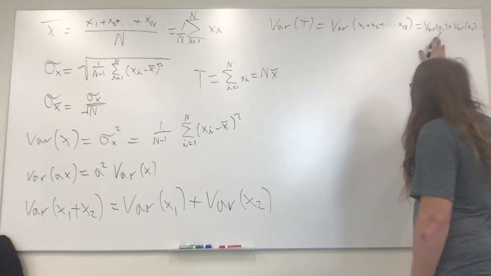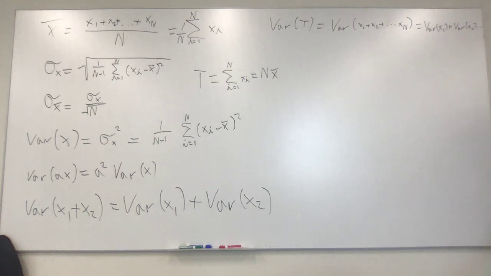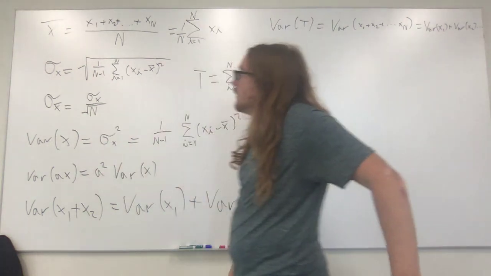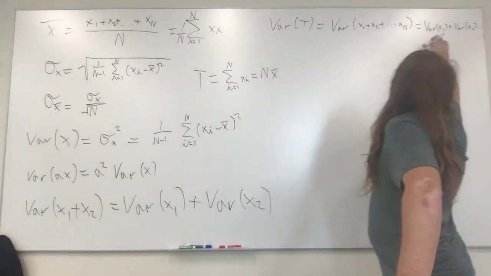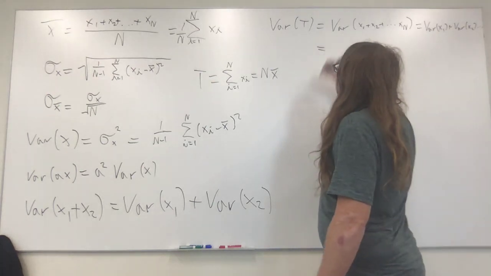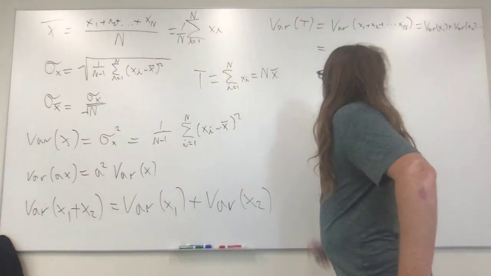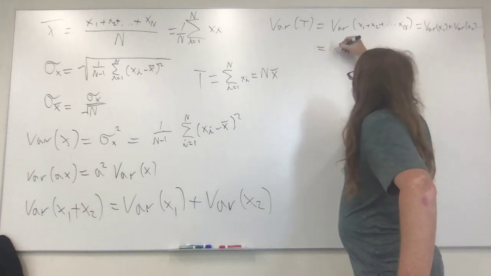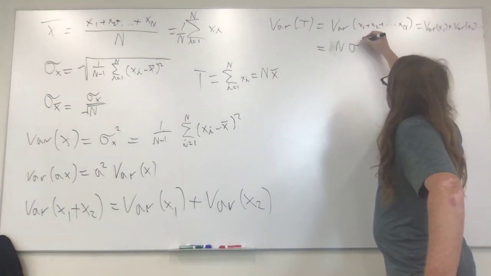Now the variance on average of each of these samples is going to be our standard deviation squared. So we have n of these sums, and each of them is on average the standard deviation squared. So we have n times sigma squared.